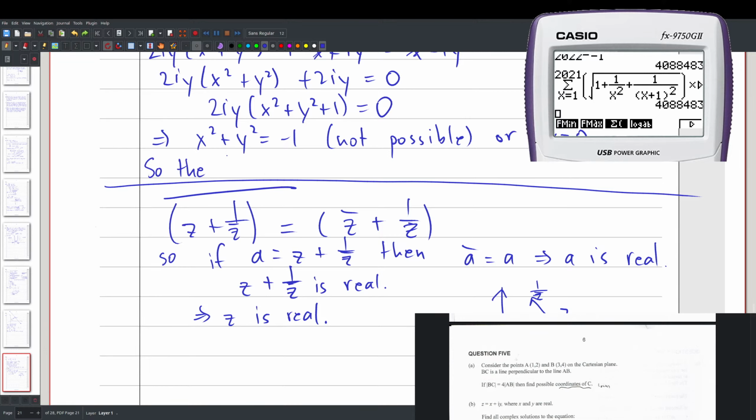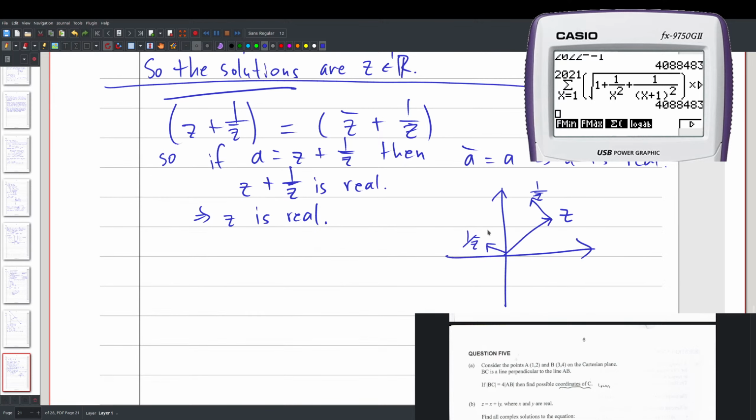So the solutions are Z in R. Like I'm assuming when they say complex solutions, they mean like in the set C, right? They wouldn't do us like that, right? They wouldn't be like, oh, actually there are no complex solutions because they're all real solutions. I assume they just mean in the set C. That makes the most sense to me, so yeah, that's what I'm assuming.